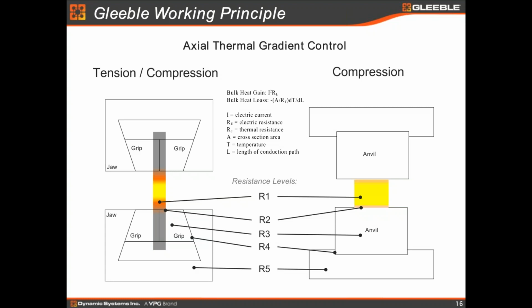However, depending on the resistance of the circuit, including the specimen, you can push a lot of current. So with the Joule heat, I squared R, you can generate a very high heating rate. And of course, you can keep the specimen at a steady temperature, which means the heating rate is 0, right?